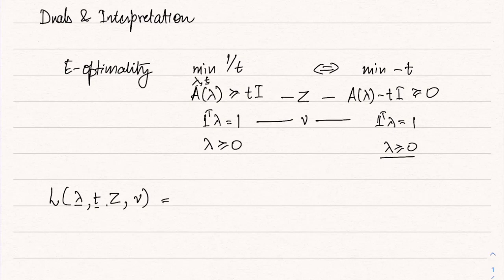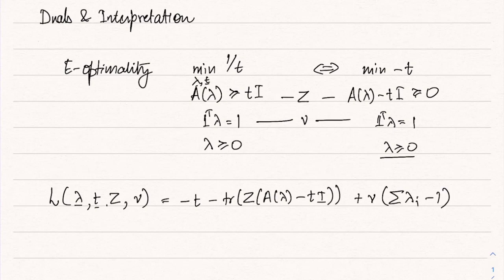The Lagrangian becomes minus t, minus trace of Z times (A of lambda minus t times identity), which comes from the first inequality, plus nu times (summation of lambda i minus 1).